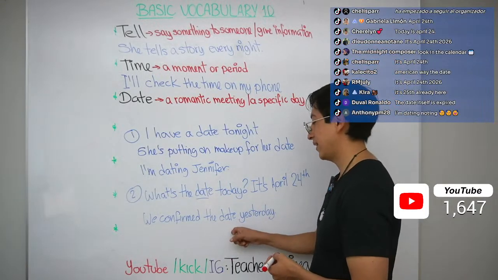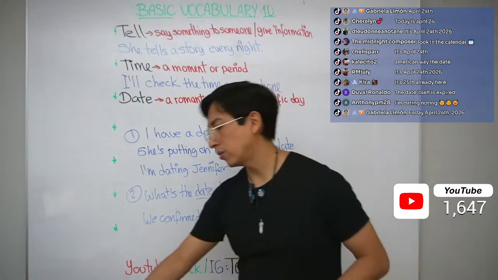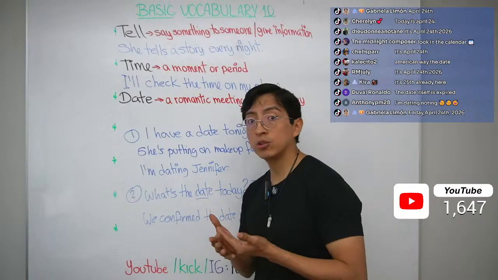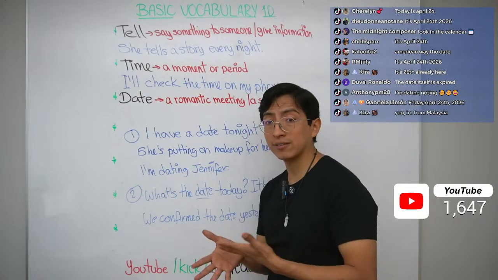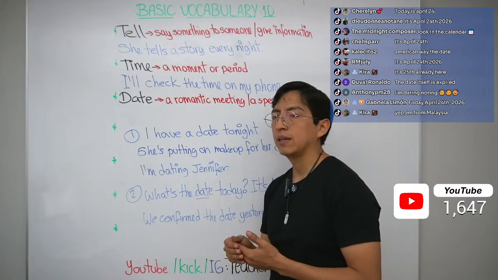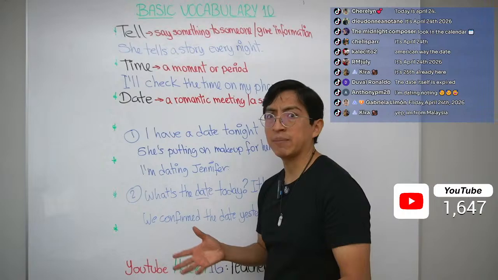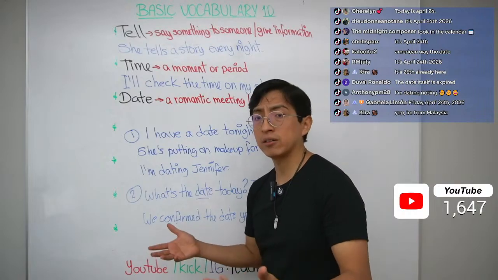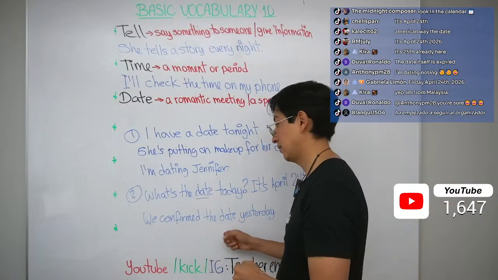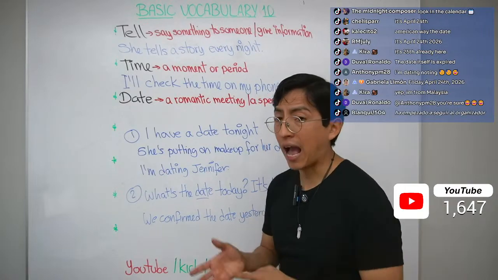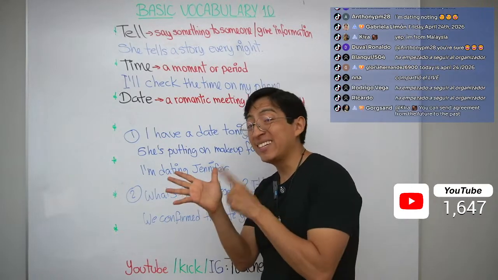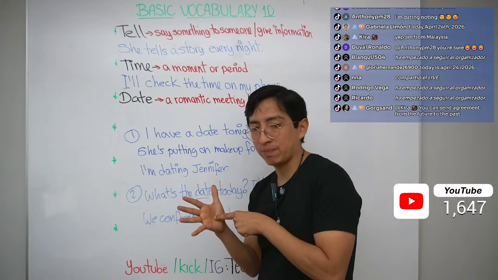Okay, we confirmed the date yesterday. So, if you want to book a room, if you want to book a table at a restaurant, if you want to book a place, let's imagine you want to get married, you need to confirm the date. You need to indicate, okay, I'm going to have my wedding on this special day.